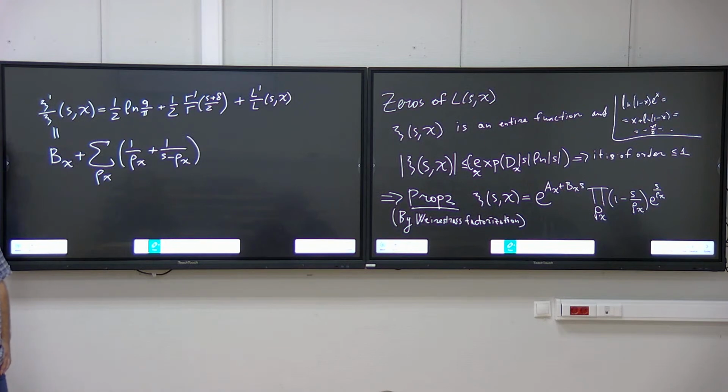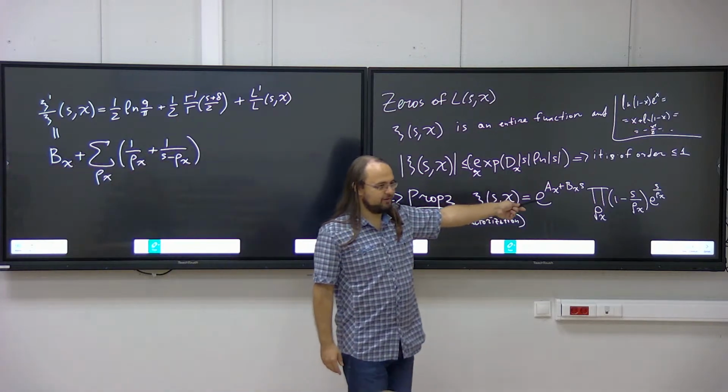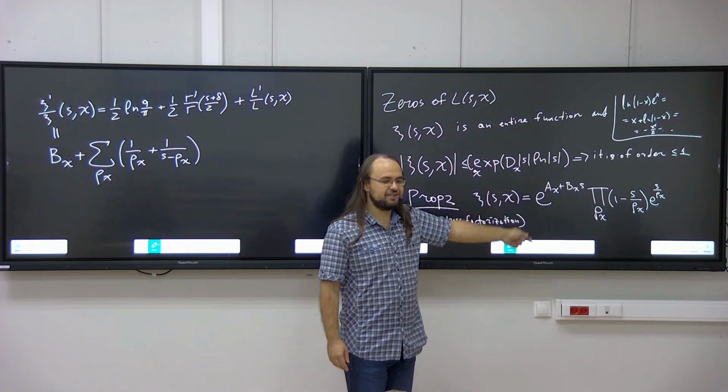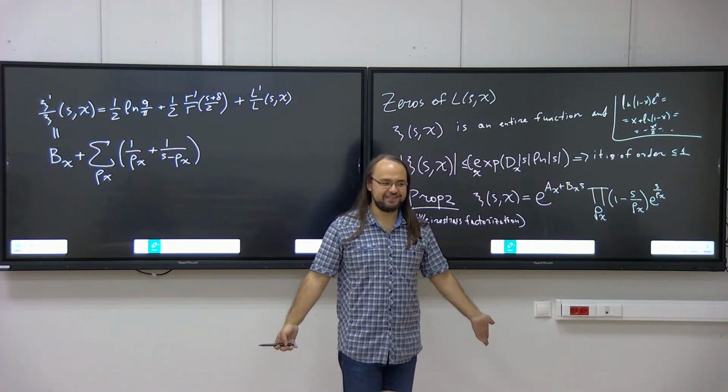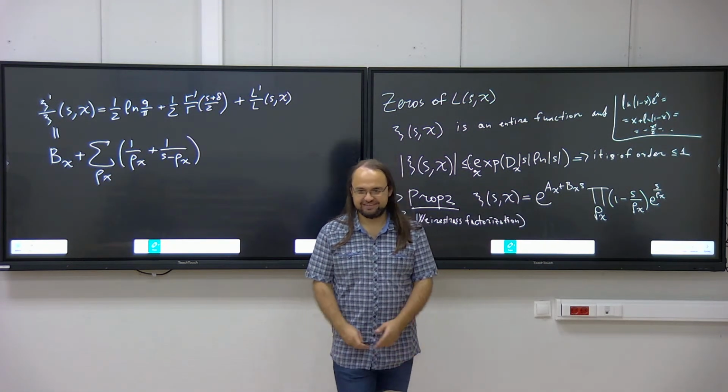Correct? Where did we get this from? From this product. The logarithmic derivative of a product is the sum of logarithmic derivatives.